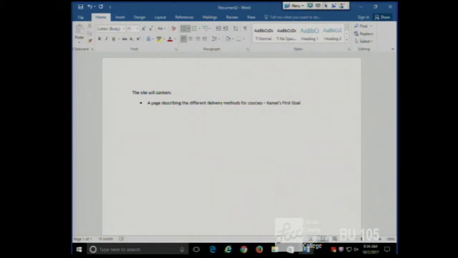You need to go back and revise it. The opposite is also true. If you have a requirement that doesn't address one of the goals, then why bother having it on your site?